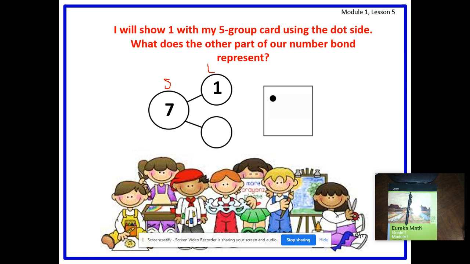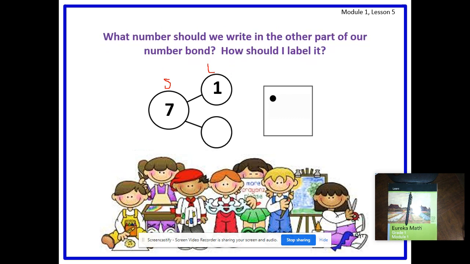So how many students have short hair? Get ready. Yes, 6. So what number should we write in the other part of our number bond? Get ready. Yes, 6.